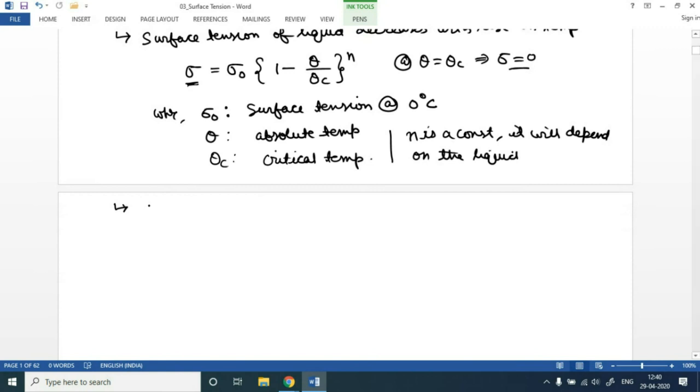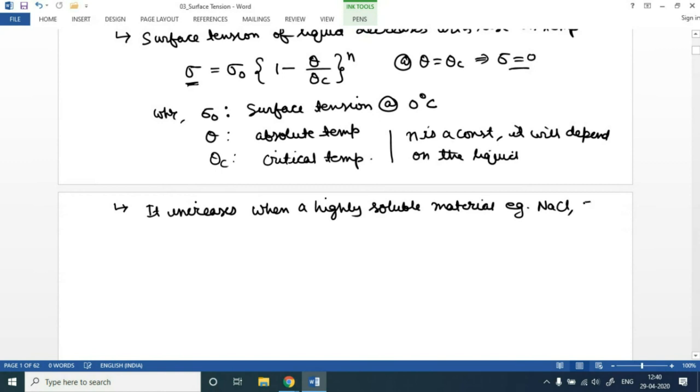It increases when a highly soluble material, for example NaCl or ZnSO4, is added.